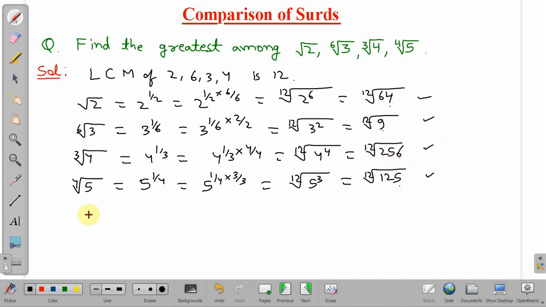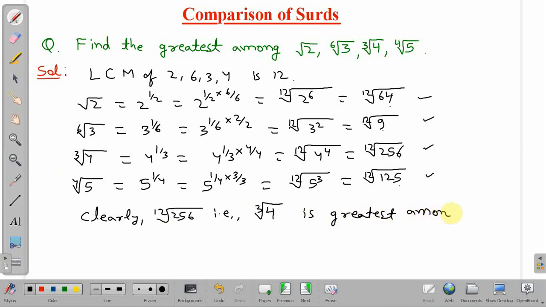So the 12th root of 256, which number is this? The cube root of 4. So we can tell the cube root of 4 is the greatest among the given surds.